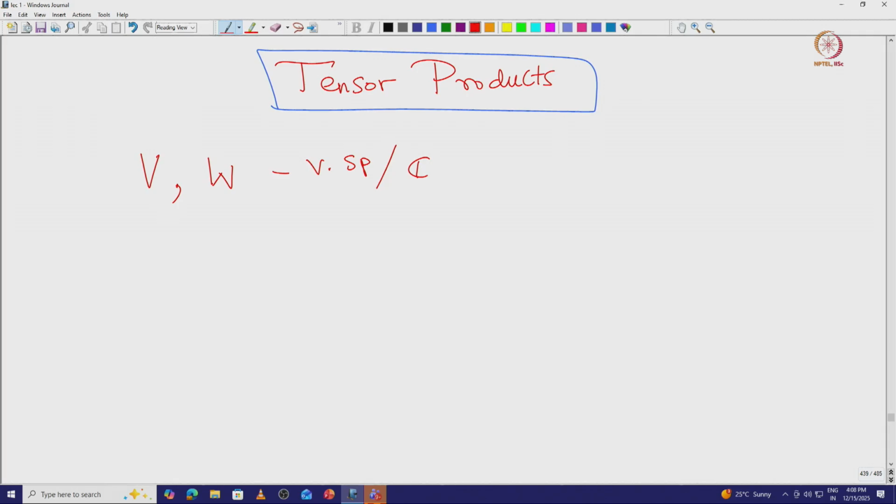The tensor products are very much related to bilinear maps. All of you of course know the definition of bilinear maps.